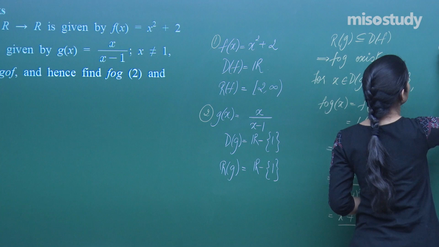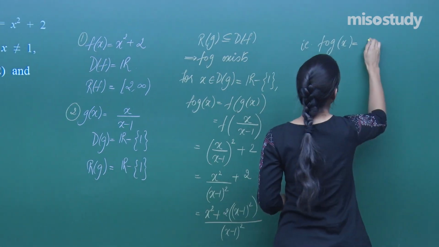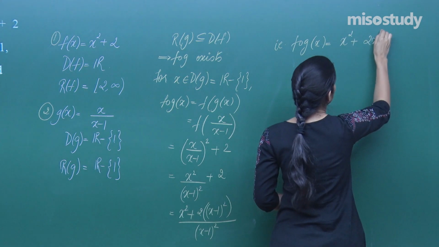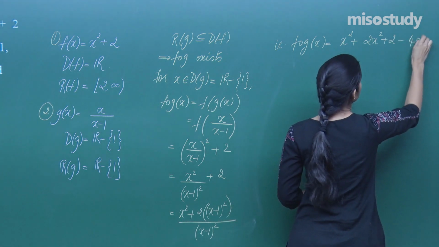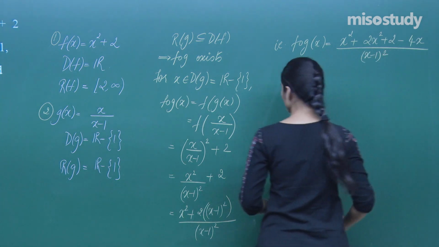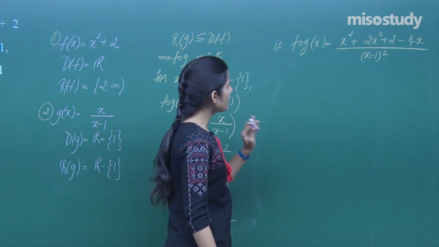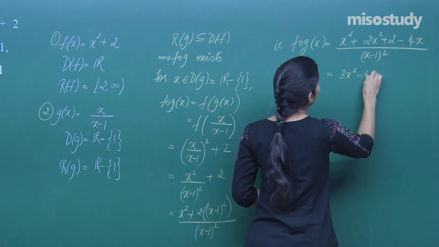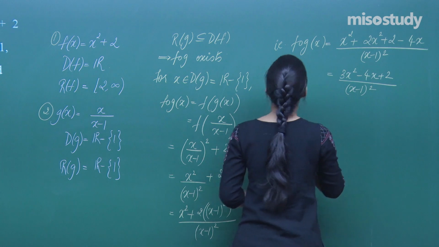That is, this comes out to be x square plus 2x square plus 2 minus 2x, so minus 4x, whole upon x minus 1 whole square. This is x square plus 1 minus 2x, x square plus 1 minus 2x. So you have 3x square minus 4x plus 2 whole upon x minus 1 whole square.